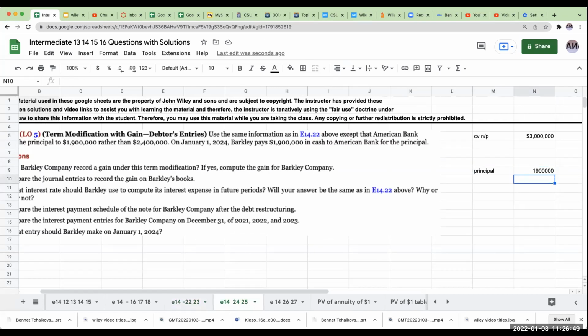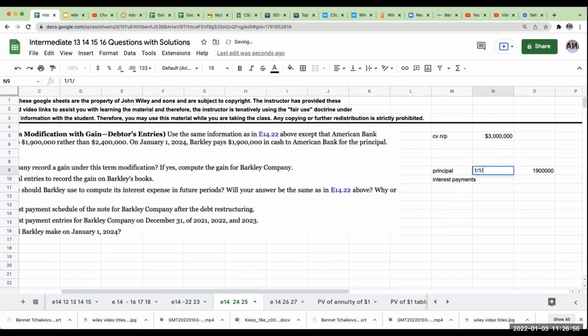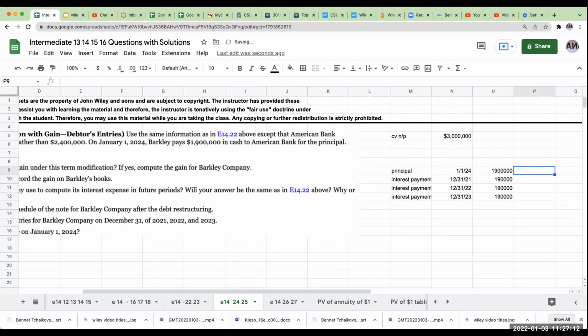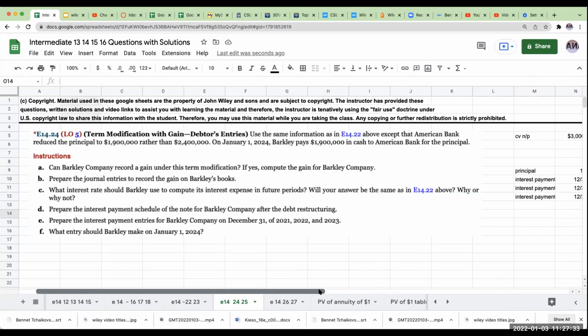So my interest payments on 12/31/21, 12/31/22, and 12/31/23 are all going to be 10% of my new reduced principal amount of 1.9 million, and the principal is due on 1/1/24. Since my total future cash flows are 2,470,000, I can recognize a gain on extinguishment of indebtedness.